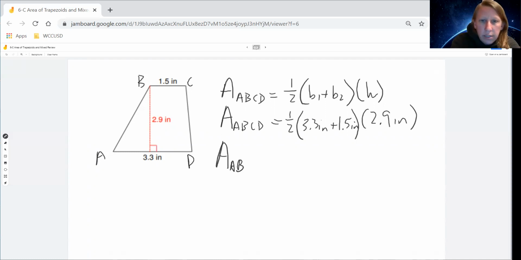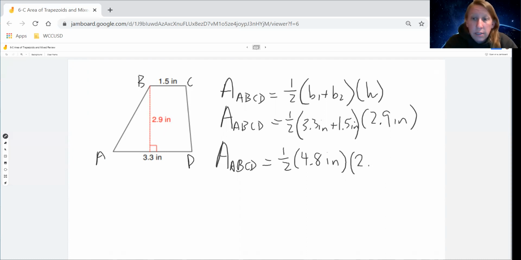Okay, and oh, I found my calculator. 3.3 plus 1.5 is 4.8 inches. Inches plus inches is still inches, but inches times inches is inches squared.